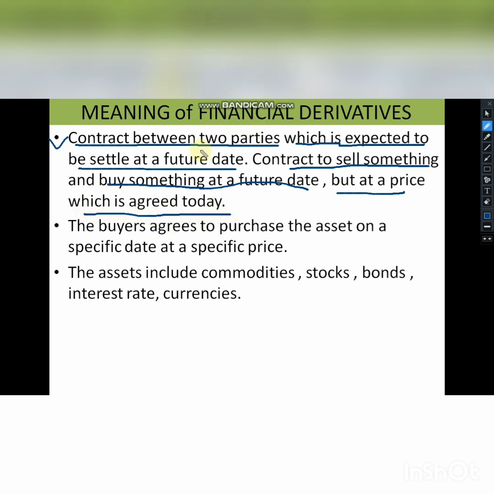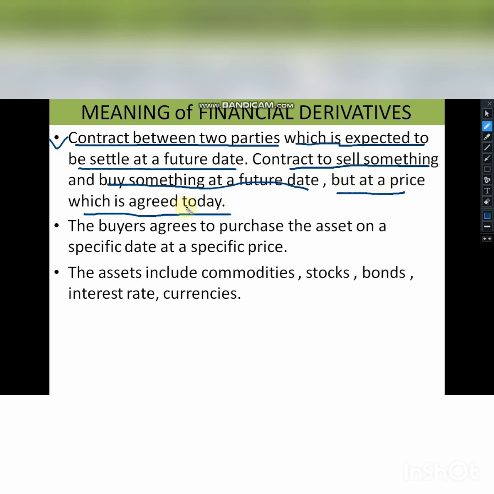So there is a contract between two parties, and that contract has to be settled in the future. Who will be involved in that contract? There will be a seller and a buyer. The contract has to be settled in the future, and the price is fixed now.